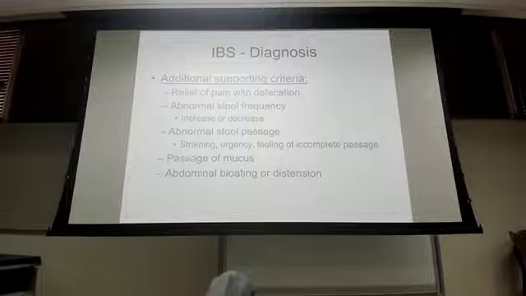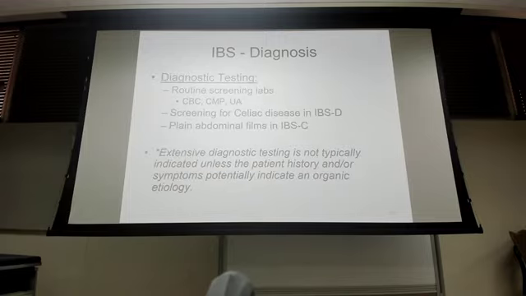So in addition to the Rome criteria, we have some supporting criteria that leads us even more so towards go ahead and making that diagnosis of IBS, diagnosis of exclusion. Testing, limited. If they have IBS more towards the diarrhea side, go ahead and screen for celiac disease.